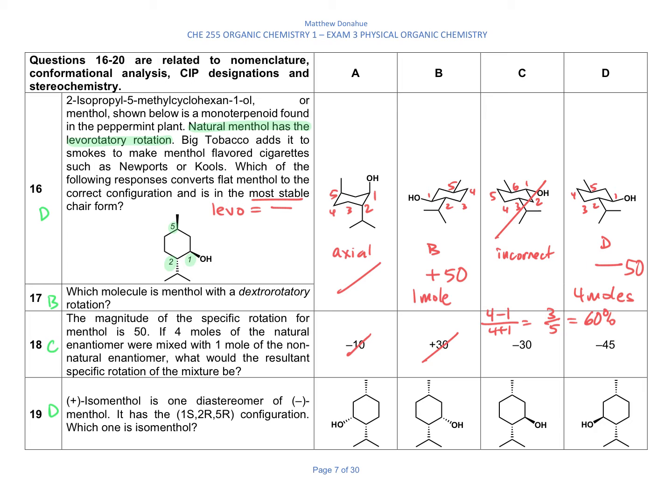And so what is 60% of 50? If you take 50 times 0.6, when you multiply that out, you're going to get basically 30. So 30 is going to be the correct answer.